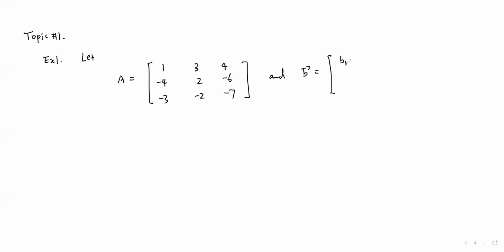At the following examples. Example 1. Under this topic, let A be this matrix and B be this vector.